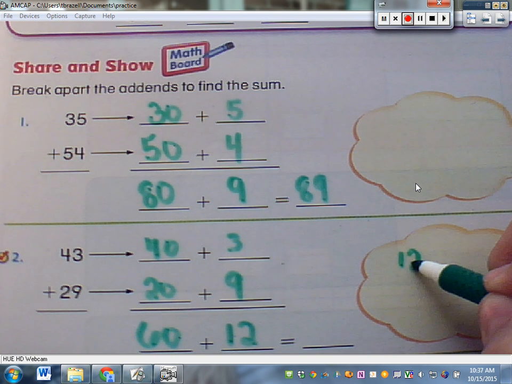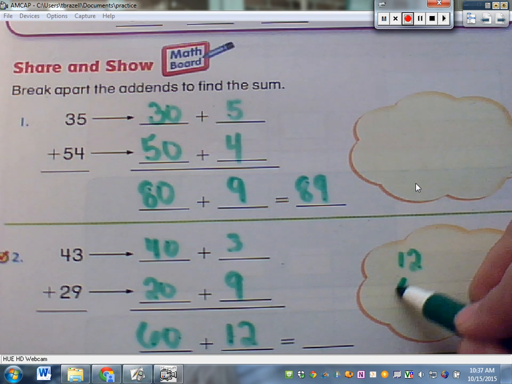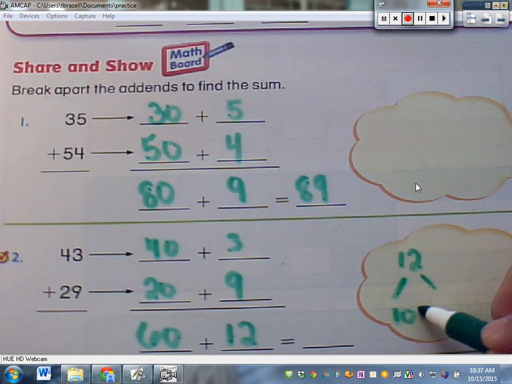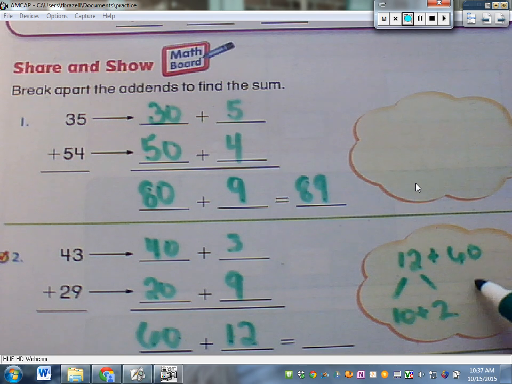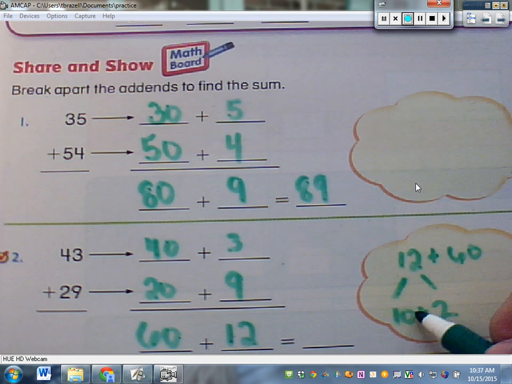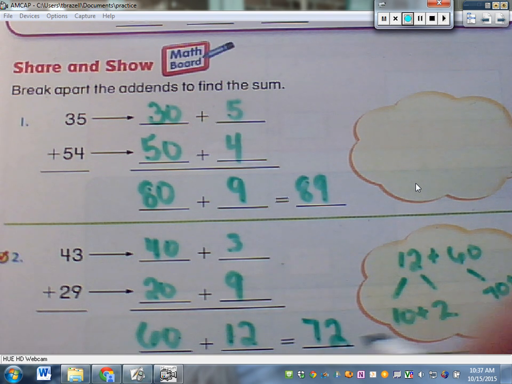So 12 breaks down into 10 plus 2. And then you have another 10. So if you had 12 plus 60, you would have 60 plus 10 would equal 70 plus 2, which is 72.